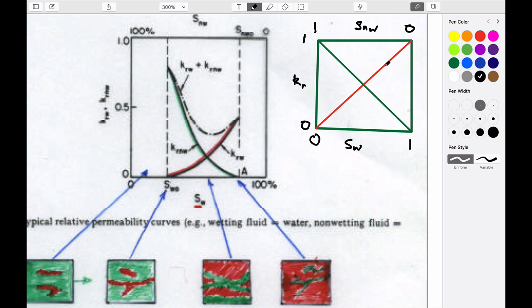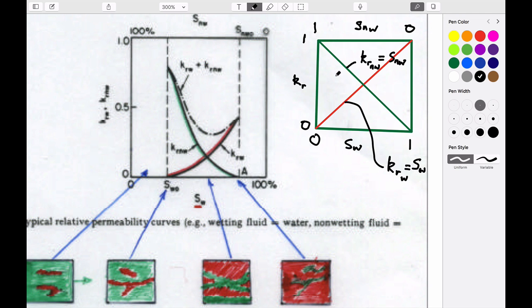They're straight lines because the equation of this curve, as we wrote it before, was that the relative permeability of the wetting fluid, which is this red one, is just equal to the saturation of the wetting fluid. Similarly, the relative permeability for the non-wetting fluid was just equal to the saturation of the non-wetting fluid.